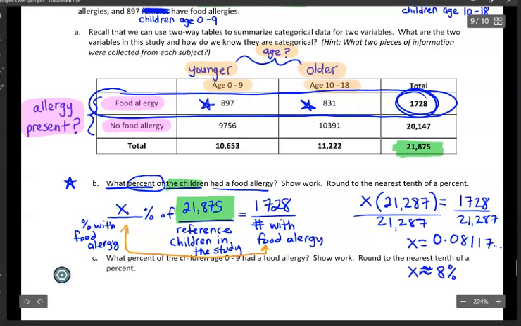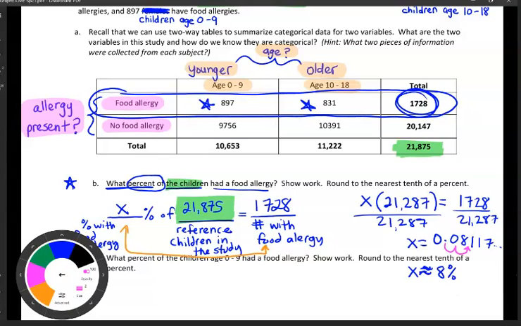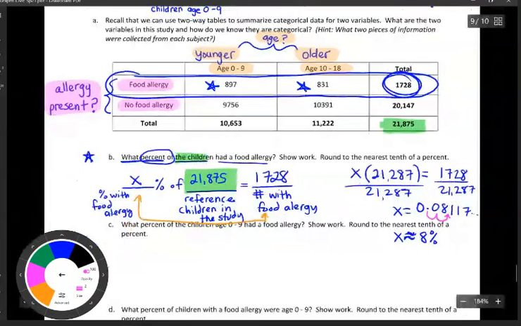If I move my decimal 2 place values over, that'd be about 8%. Okay, so about 8% of all the children in the survey had food allergies. 8 out of 100.